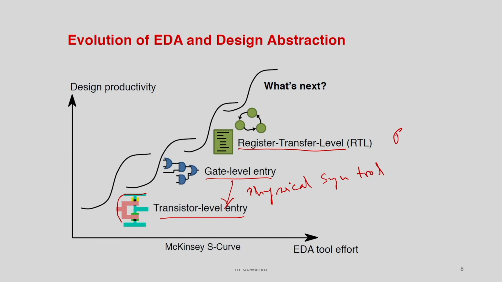I will just represent my whole circuit as a transfer of register values, right. That means at every clock, which register is getting updated by the value of which registers. I am going to write my behavior like R1 equal to R2 plus R3, and so on, say R4 equal to R2 star R3.